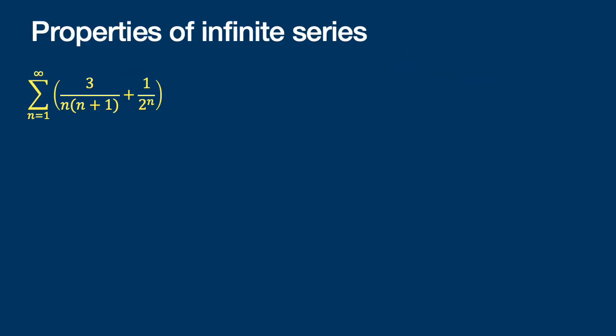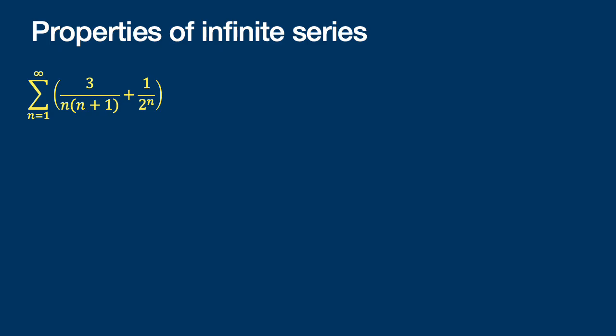Before we dive into more convergence tests in a later lecture, it is important to remember some basic properties. I'm going to explain the properties of infinite series by showing an example. This one is the sum of two series.